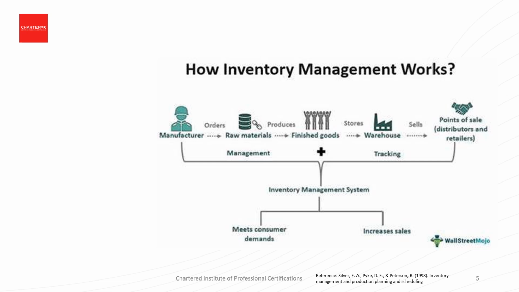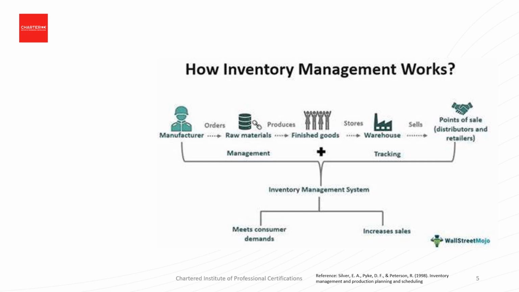The process encompasses several tasks, including ordering inventory, storing items, and utilizing them in production or sales. It also involves managing raw materials, components, and finished products, as well as warehousing and processing such items.